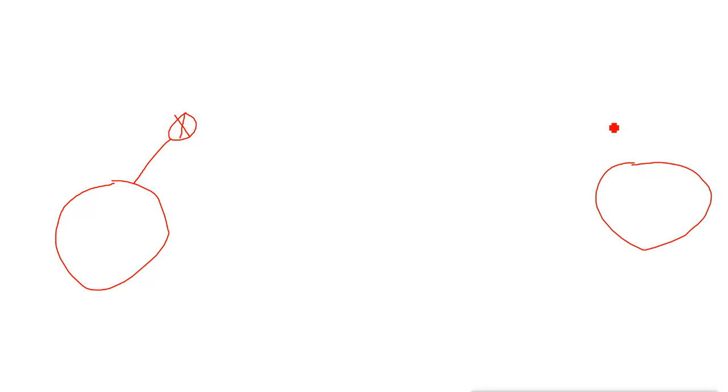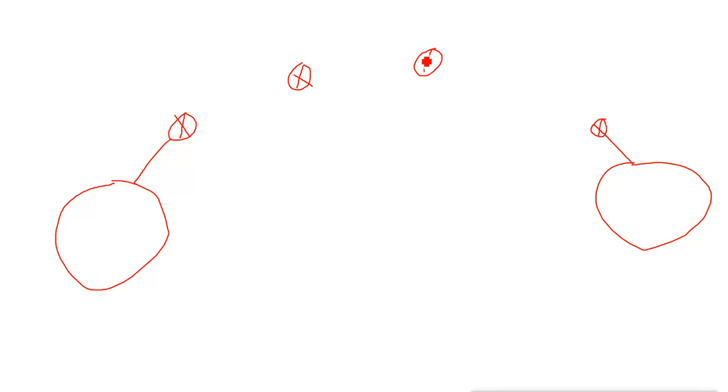suppose this is your network and you are connected to the router. Now you want to reach this network, which is maybe connected to some other router. For going to this router, maybe we have multiple paths. Sometimes, because it is very far, we may have multiple paths.